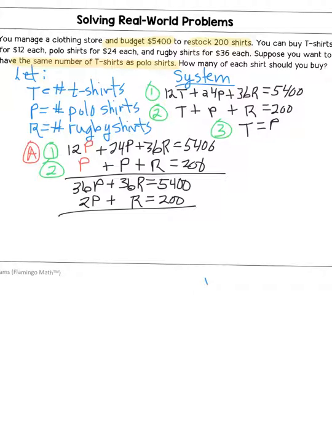So I've got 2 equations with 2 unknowns, and I have to figure out, do I want to eliminate P's or R's? So I could multiply this entire equation by negative 18 to make it a negative 36, or by a negative 36 to eliminate this. So I think I'd rather multiply by a negative 18 because it's smaller.